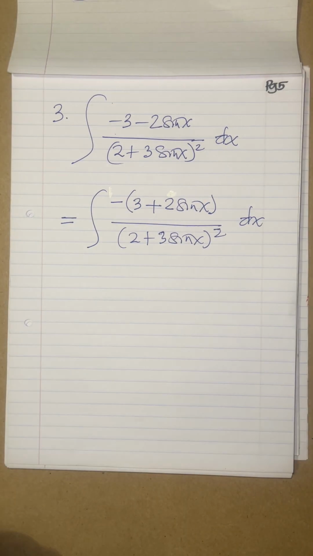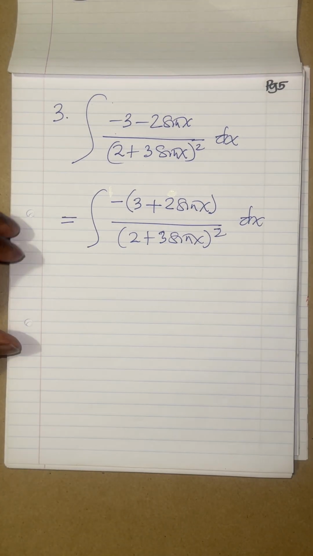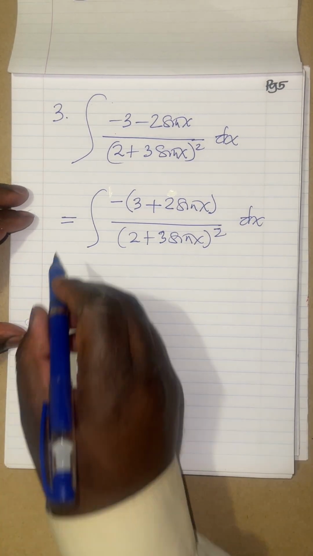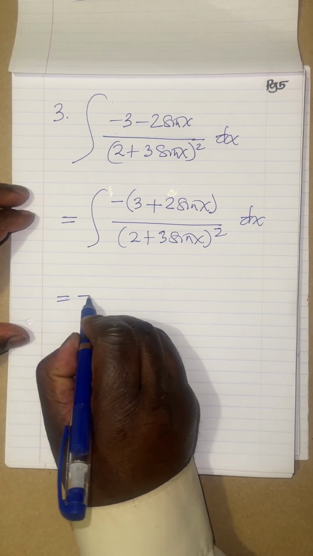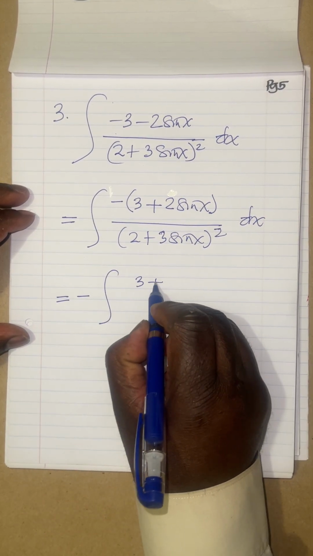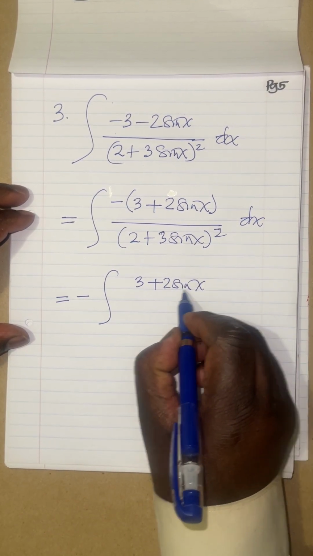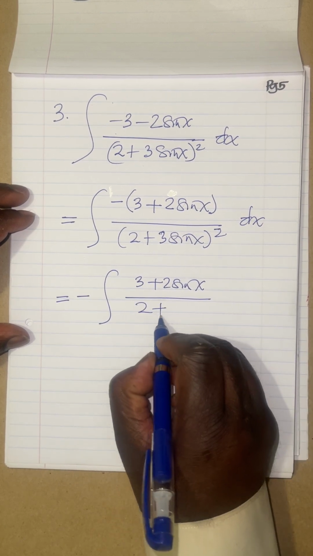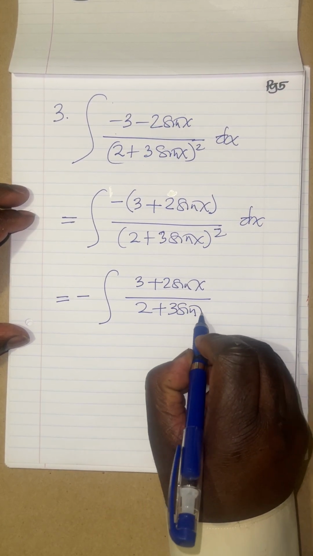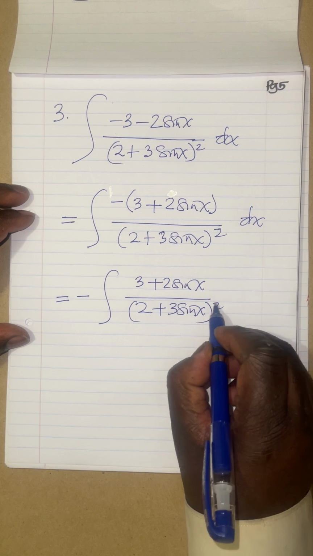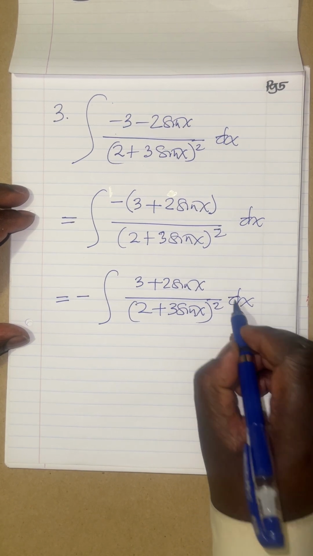Right, now, what is the approach? I'm going to take the minus out. So this is going to be minus the integral of 3 plus 2 sine x all over 2 plus 3 sine x all squared dx. Right, step number 1.